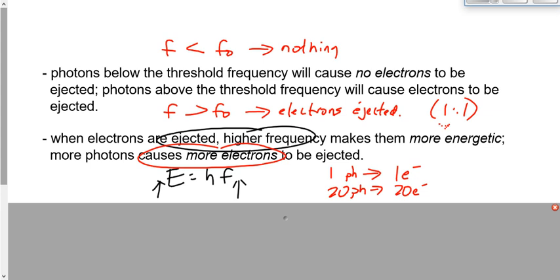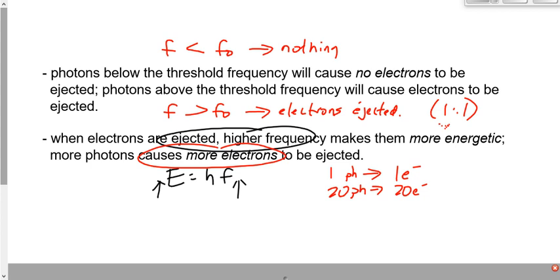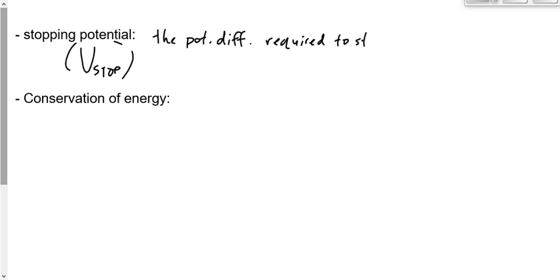Two more terms here now. We've got stopping potential. Symbol for this one is V stop. That's a capital V, by the way, not a lowercase. It's not speed. It is the potential difference, voltage, measured in volts, required to stop, hence the term stopping potential, an already ejected electron.